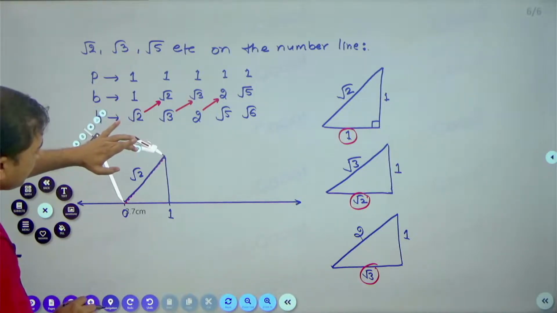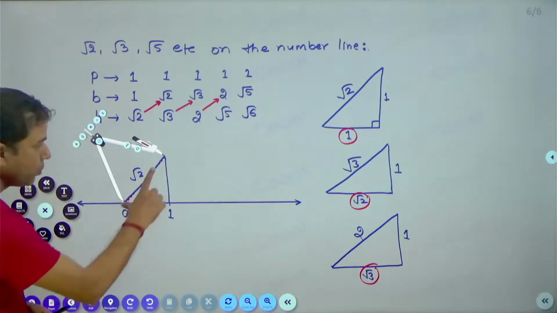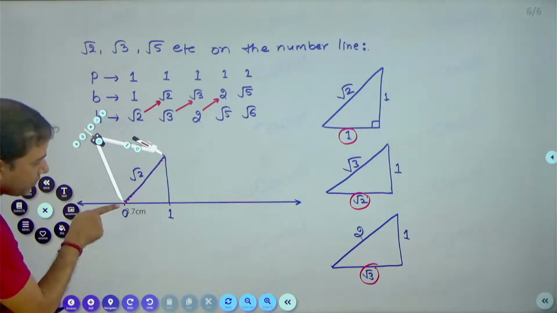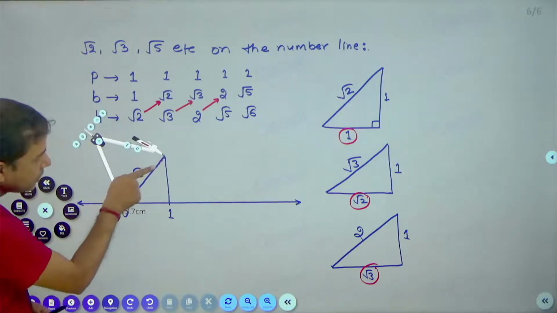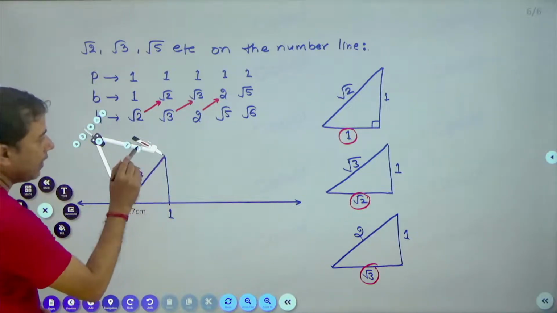Check it. Is that right? Yes. Root 2 units. My compass stretch is root 2 units from 0 to this. Now I will draw an arc.